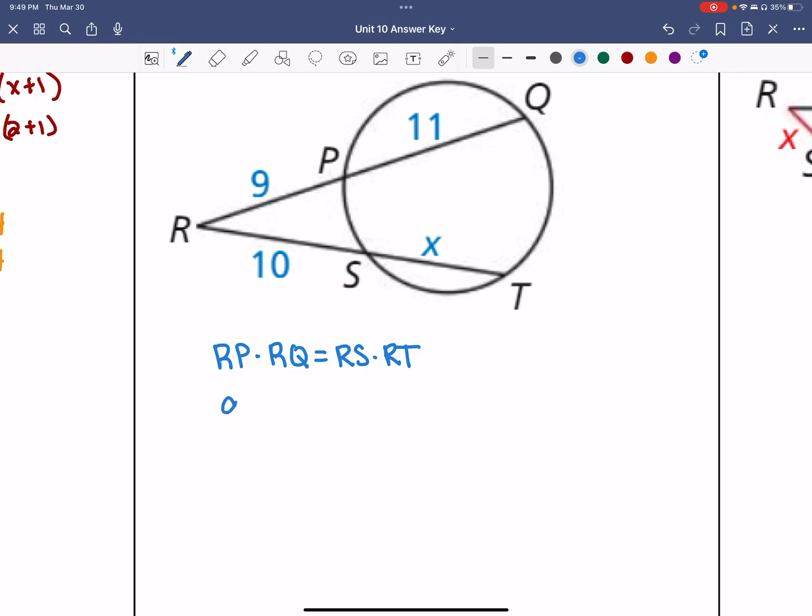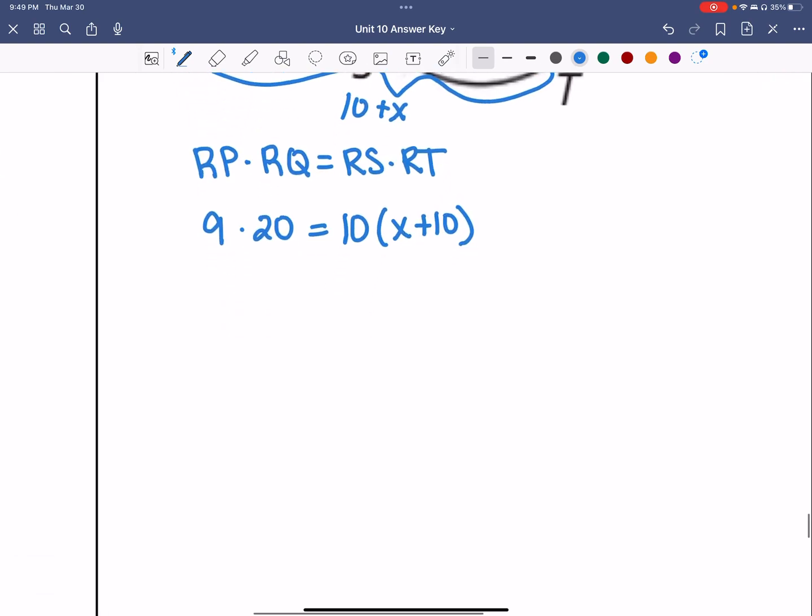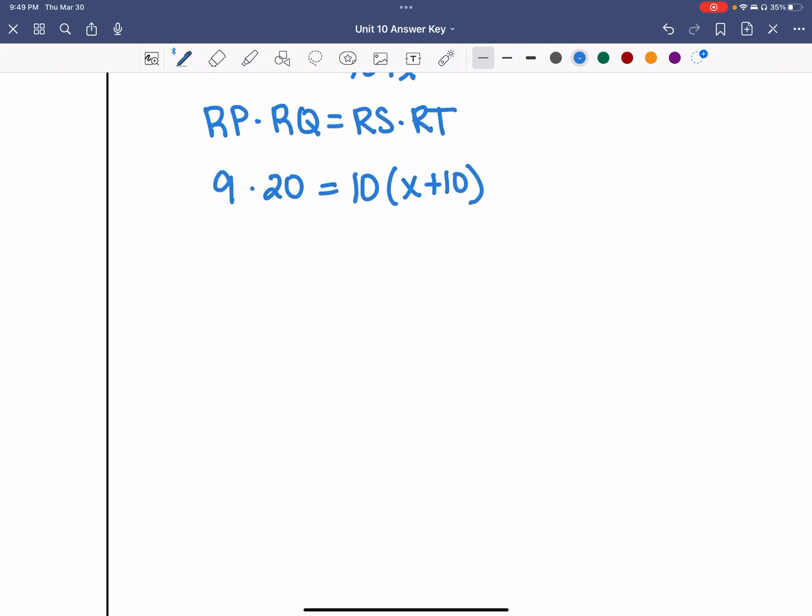So this gives me 9 times 9 plus 11, which is 20. And that's going to equal 10 times 10 plus x, or if I rewrite it in standard form, x plus 10. So from here, I have 9 times 20.